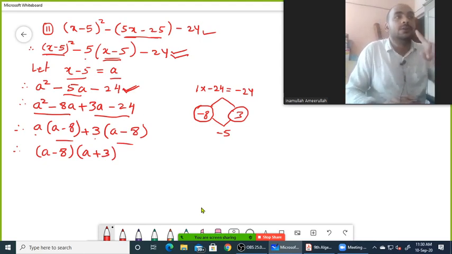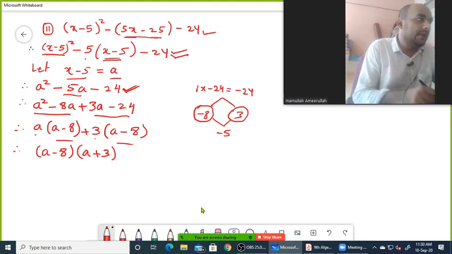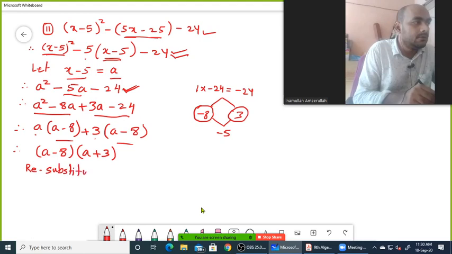But our original polynomial is in the form of x, so we need to resubstitute the value of a. Here we will write resubstituting a as x minus 5.